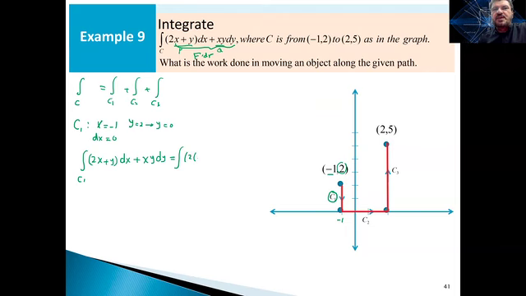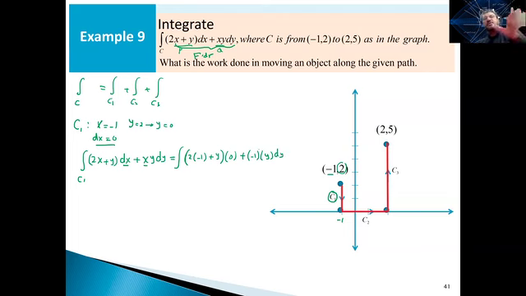So this is 2 times -1 plus y. I don't know what y is, so I'm not going to touch it. Then dx, we know that dx is 0, plus x, which is -1, times y times dy. I don't know what that is.